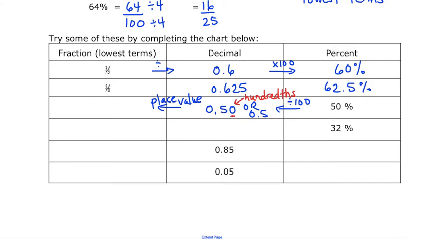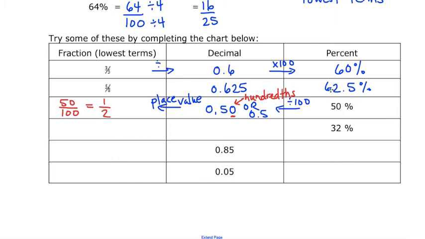So we're going to place our 50/100. And then we have to put that into lowest terms. So 50/100 is the same as 1/2. You might already know that 0.5 is the same as 1/2, but if you want to think about place values for those ones that are a little bit more complicated than that, then that's how you would solve that.